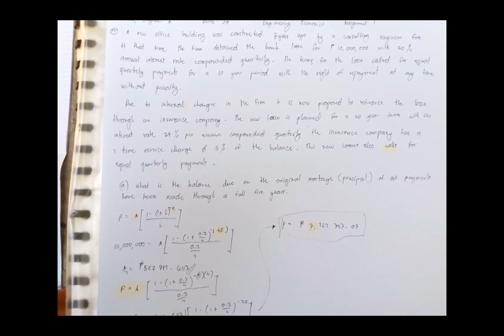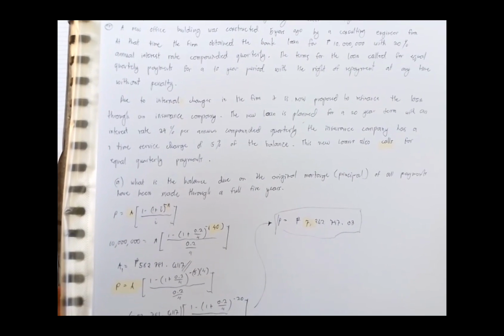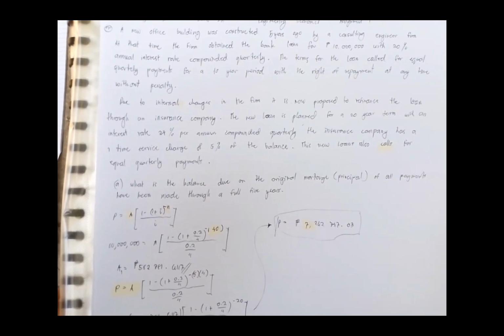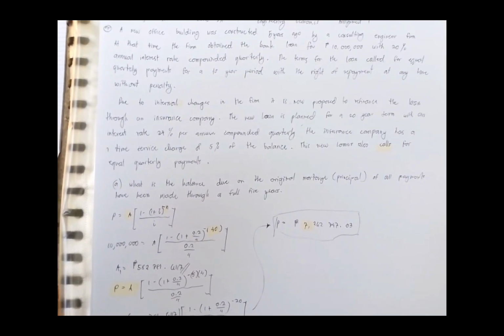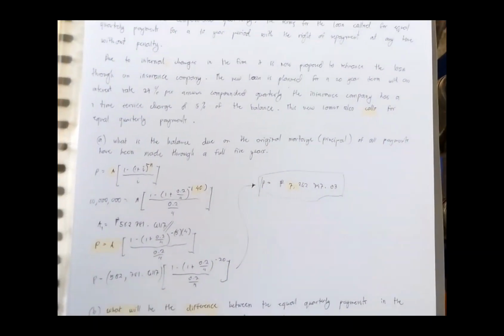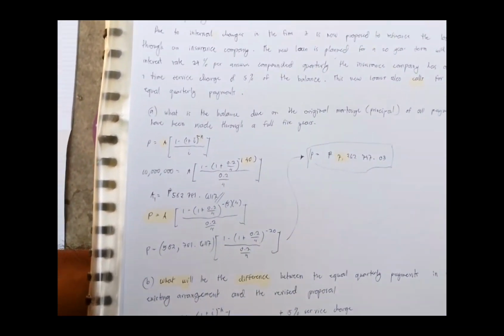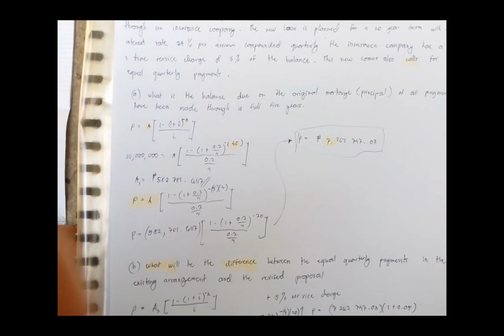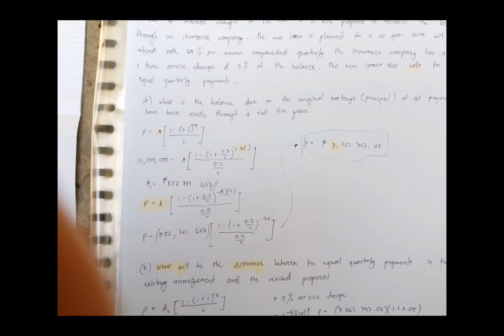The insurance company has a one-time service charge of 5% for the balance. The new loan also calls for equal quarterly payments. Now, question A. What is the balance due on the original mortgage or principal if all payments have been made through a full 5 years?